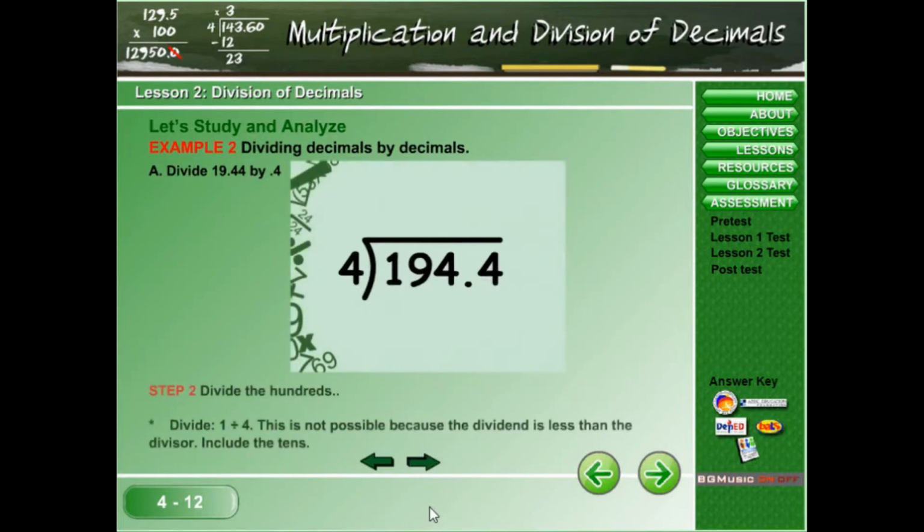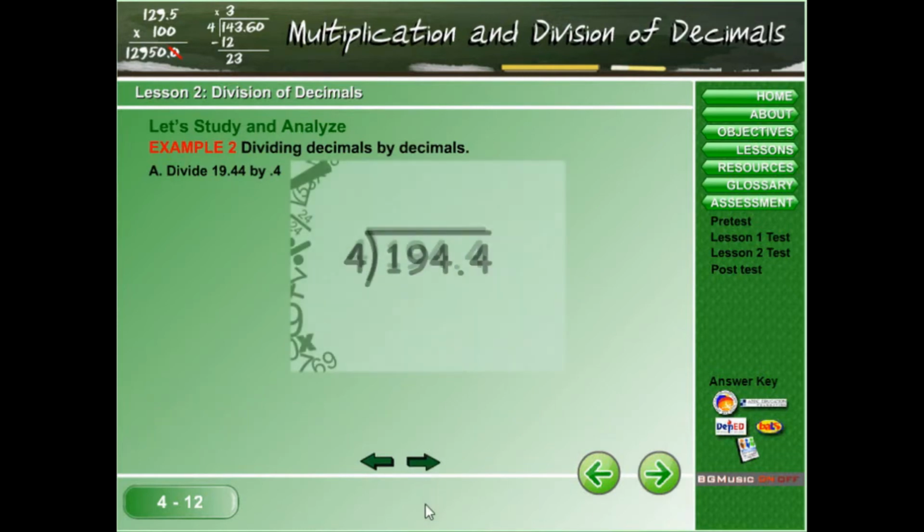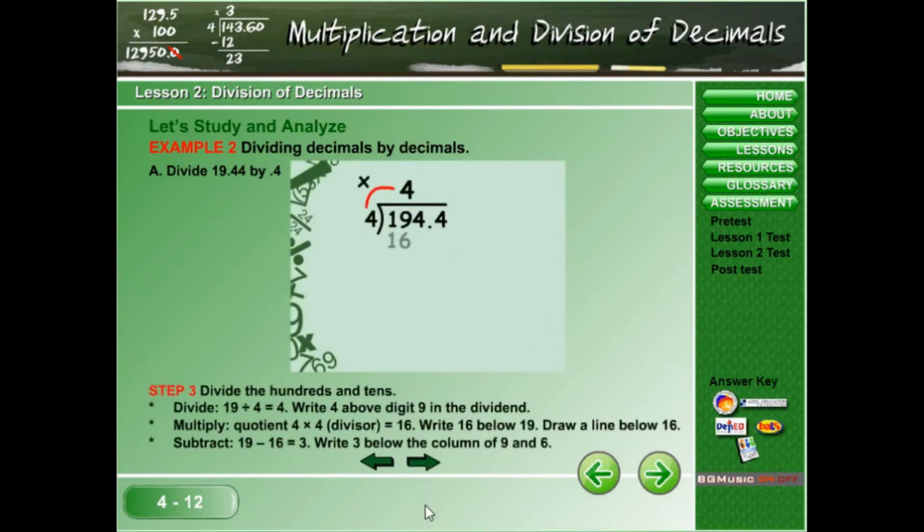Step 2. Divide the hundreds. Divide 1 divided by 4. This is not possible because the dividend is less than the divisor. Include the tens. Step 3. Divide the hundreds and tens. Divide 19 divided by 4 equals 4.